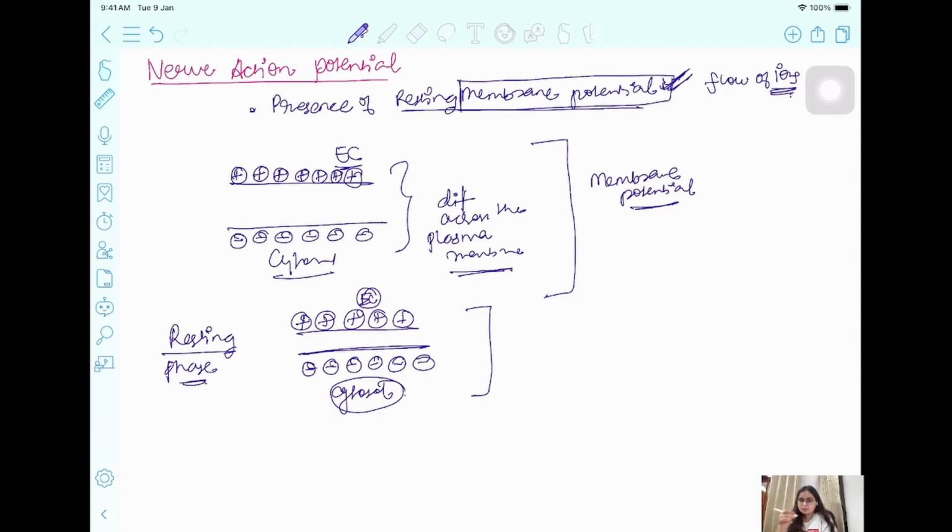This condition, where there is a difference in charge across the plasma membrane, this type of cell is called as being polarized. The difference in the electrical charge across the membrane is in the form of potential energy, and it is measured in millivolts.